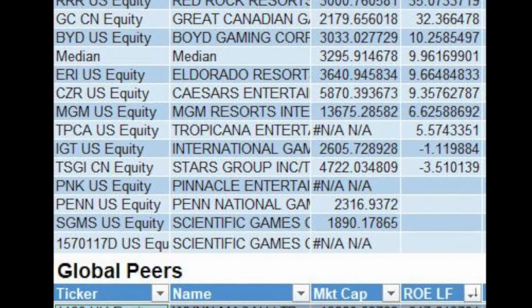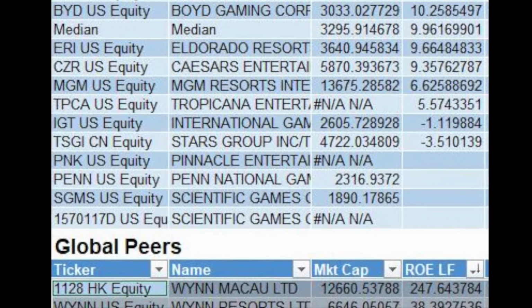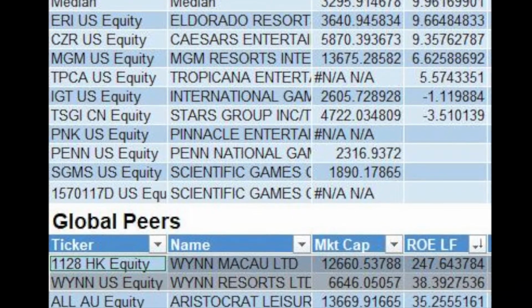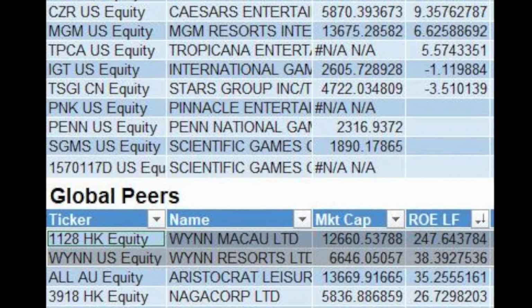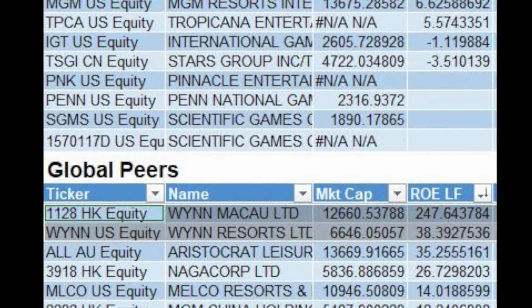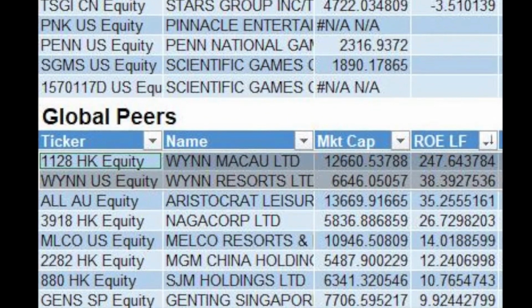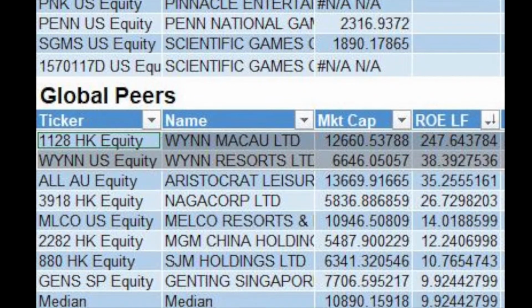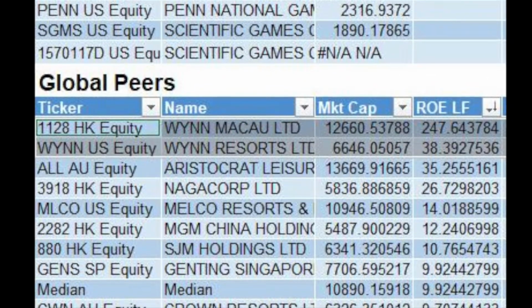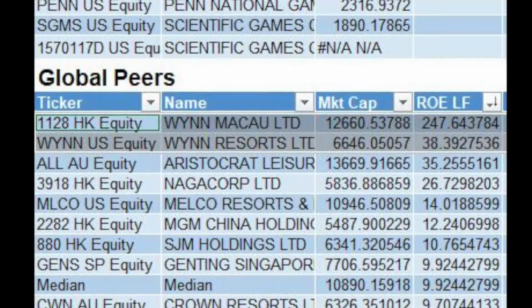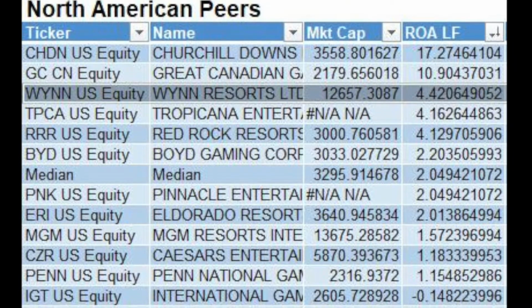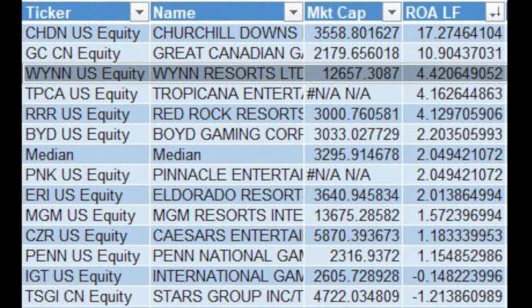Compared to their North American peers, Wynn has returned 38.39% to shareholders, which is the second highest, just behind Churchill Downs. When compared to their global peers, Wynn Macau and Wynn Resorts have had the highest returns, 247.6% and 38.39% respectively.